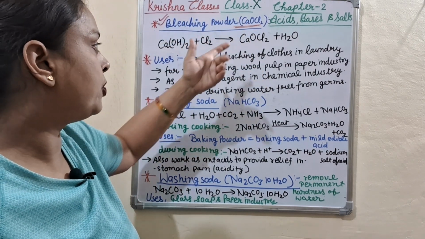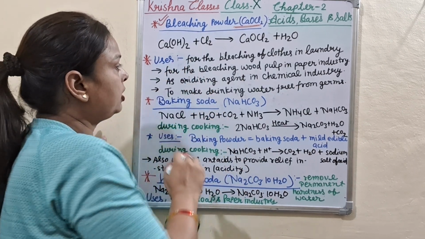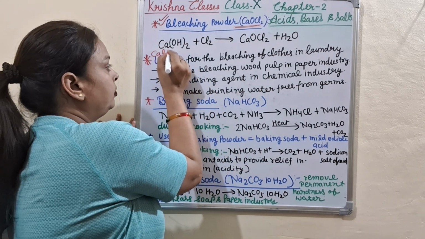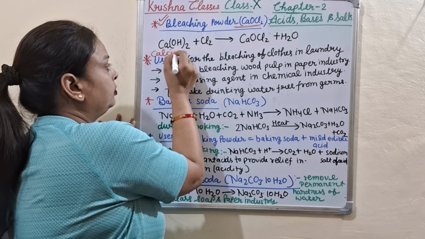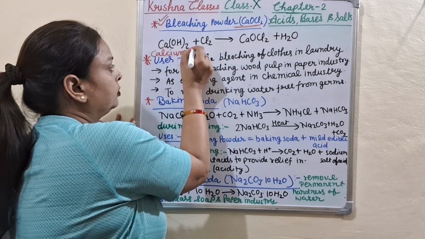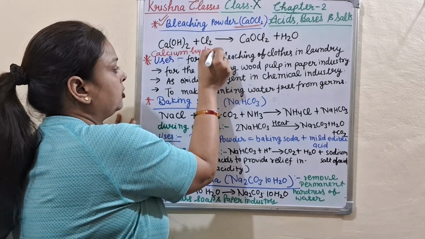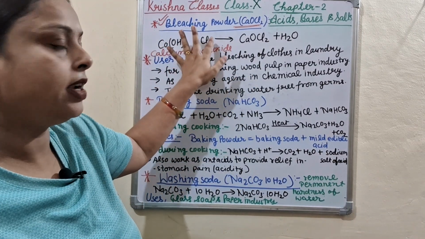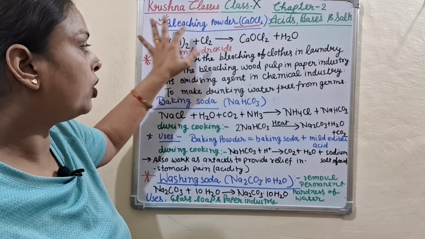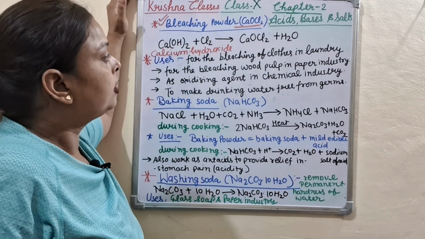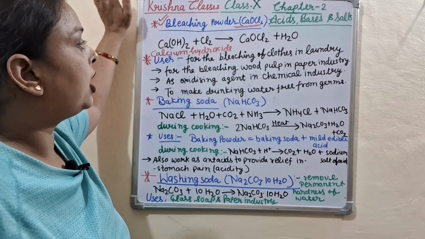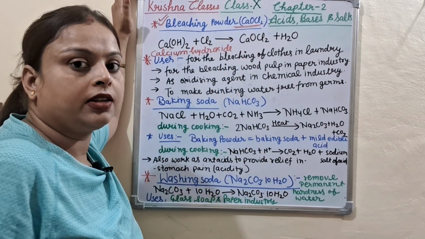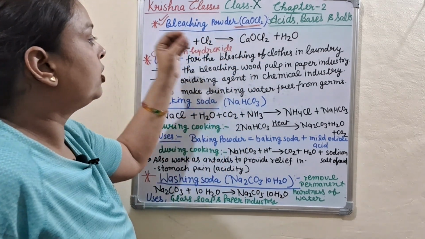And how can we prepare bleaching powder? Let's see here. This is the calcium hydroxide. When calcium hydroxide reacts with chlorine gas, which we prepared in my previous video, the lecture on NaOH formation, where Cl2 is formed.